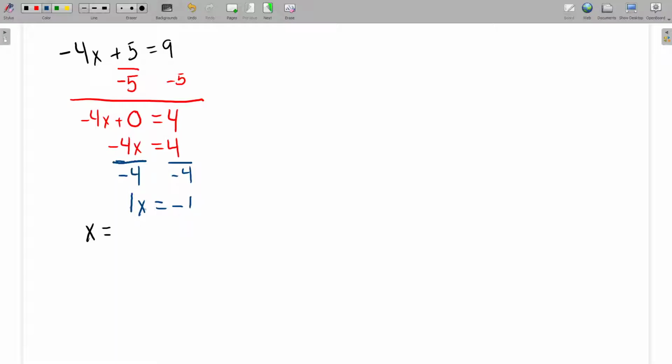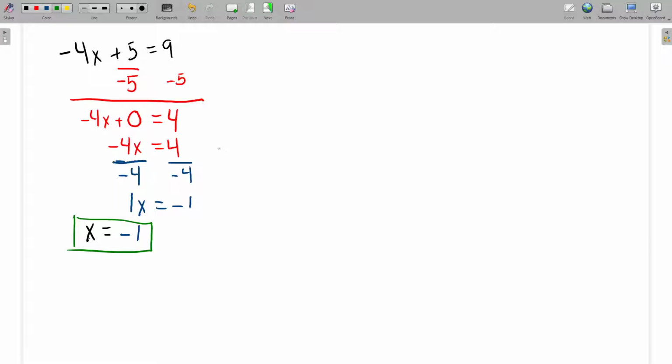All right, 1 times anything is the thing, so 1 times x is going to be x, and we have x is equal to negative 1. All right, so this would be our final answer. x is equal to negative 1.